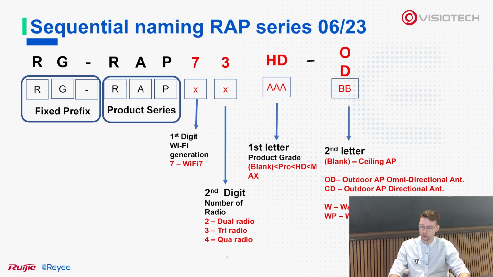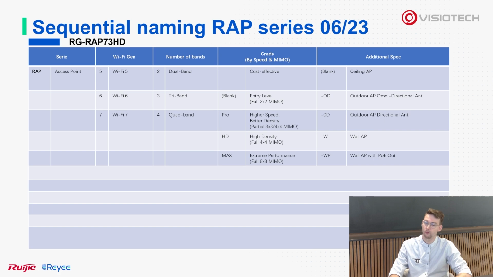And then also here, to make it a little bit more visual, we have put it together on this sheet. First of all, again, we have the access point. We have the three different generations we offer, from Wi-Fi 5 all the way to Wi-Fi 7. We have the different bands with 2, 3, and 4, which is also indicated in the name itself.